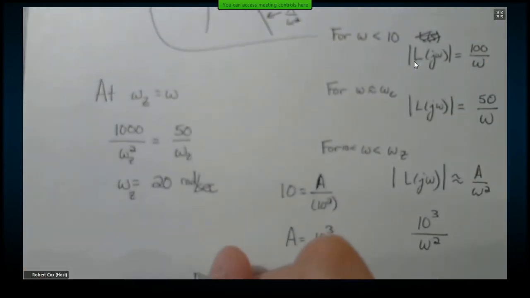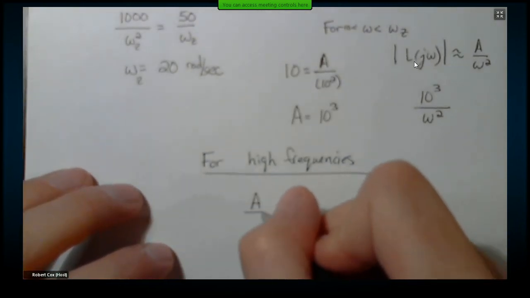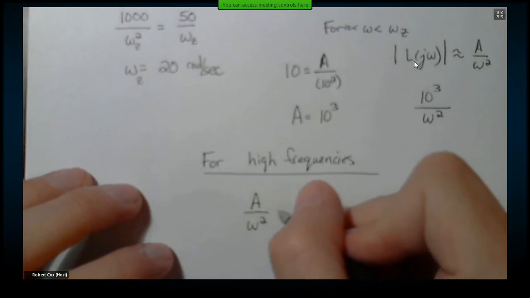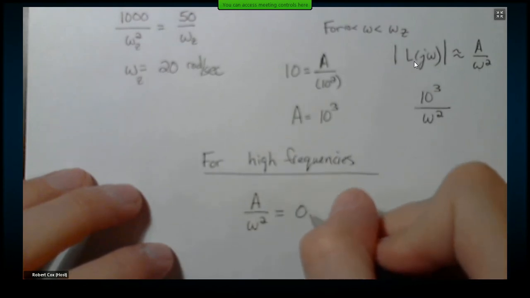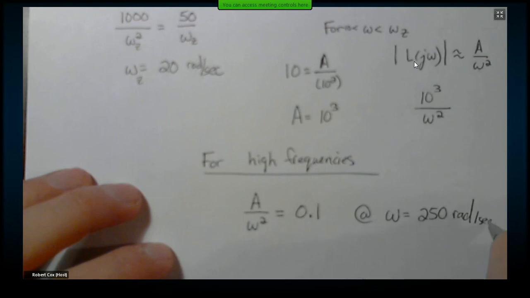And I can say that for high frequencies, I have A over omega squared. And I know that that has to equal 0.1 at omega equal to 250 rads per second.